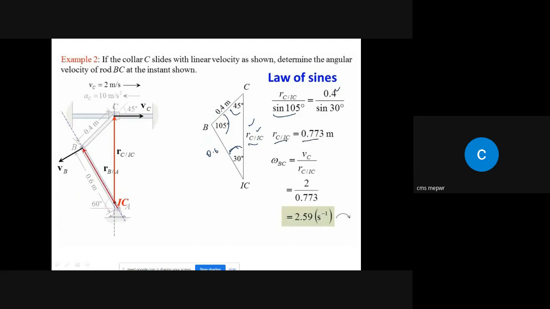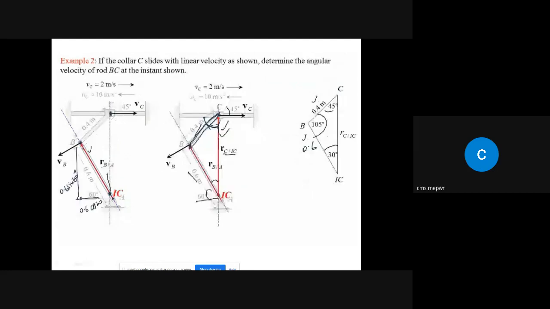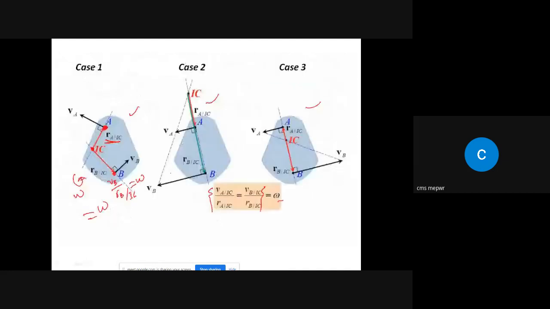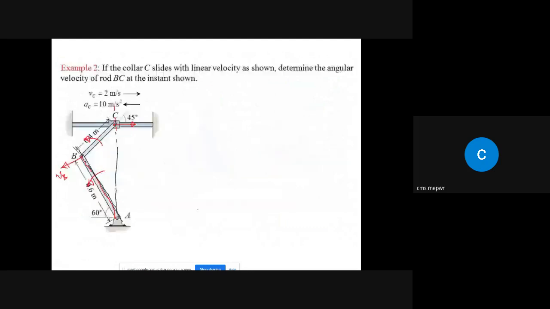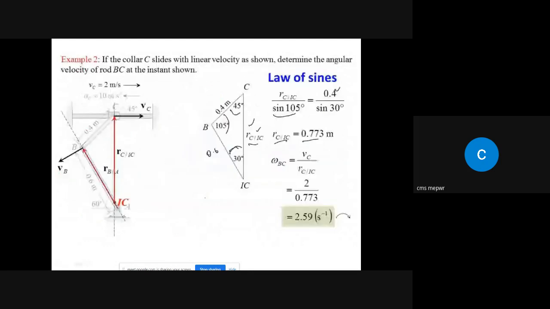And thus by using this equation, VC divided by the position vector with respect to the instantaneous center gives us the angular velocity.